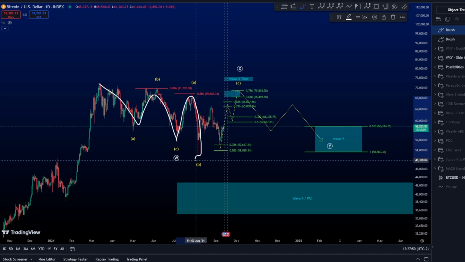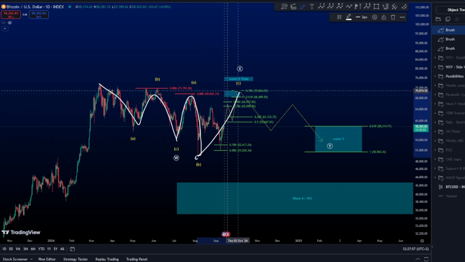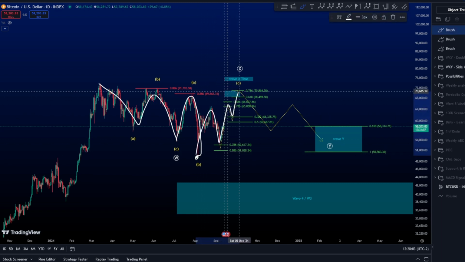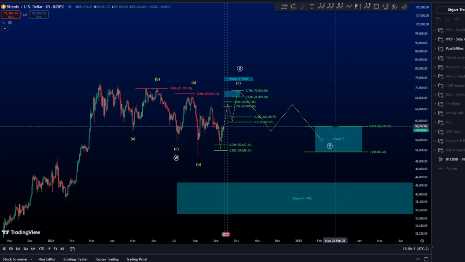A, B, your B has overshot the start of the A perfectly. And then you are looking for a wave C towards the upside. And your wave C should be a diagonal, right? Towards the upside. So this is your second most possible target as bullish, which is around 68,000 to 70,000 for Bitcoin.